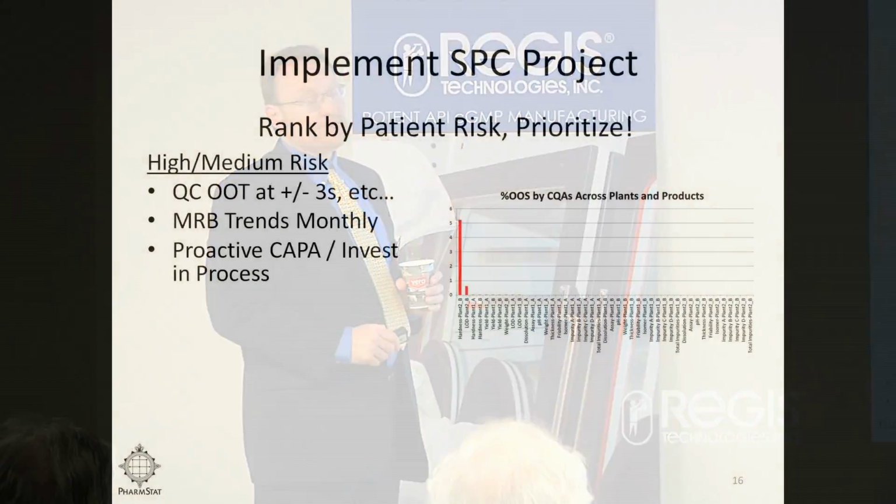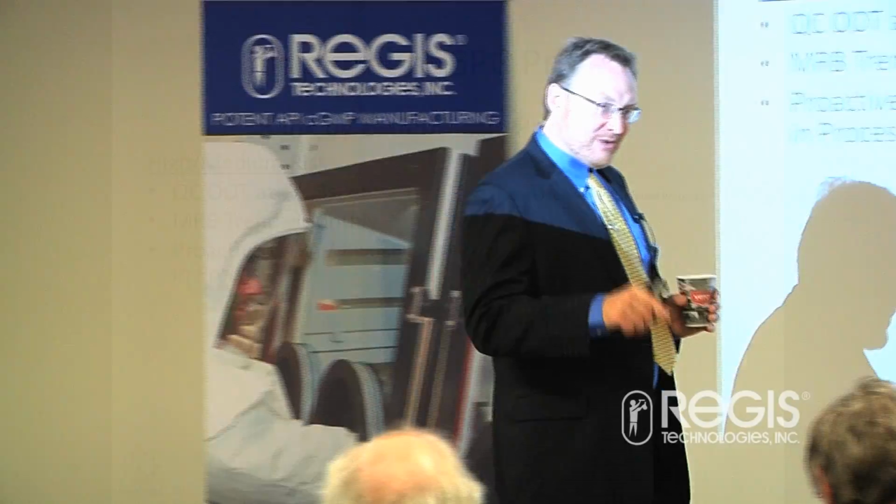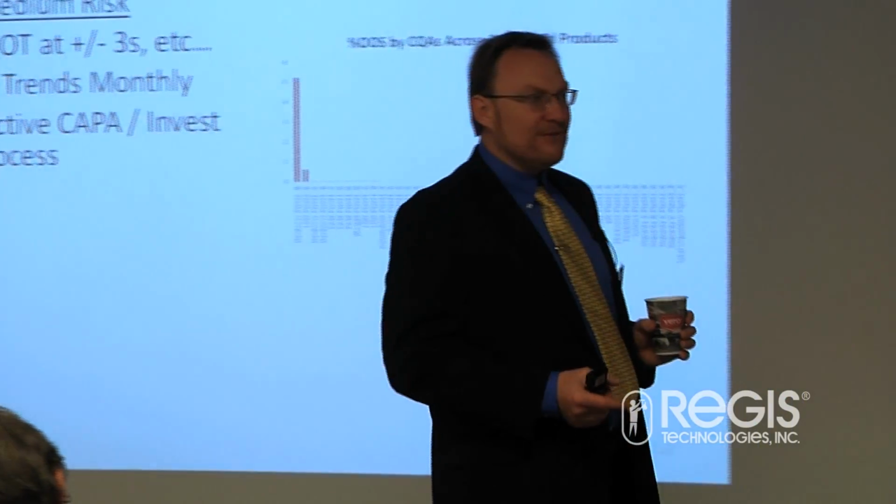For high and medium risk quality attributes, you may implement in your quality control lab an OOT limit that is different from your OOS limit. In fact, the only place where I know that out of trend is actually mentioned in the regulations is in the OOS guidance. And it's in a footnote, I think it's footnote 6, where these concepts of OOS could be applied to OOT.